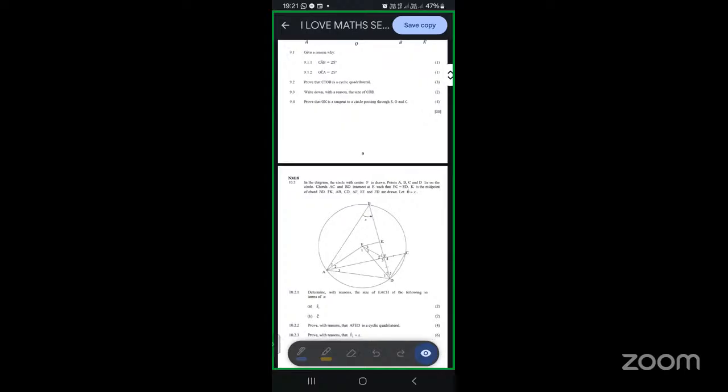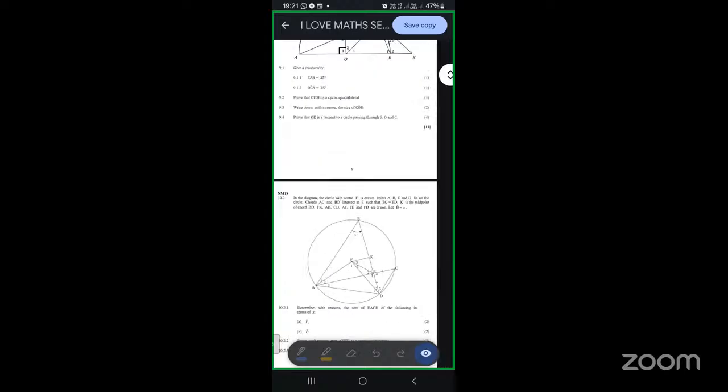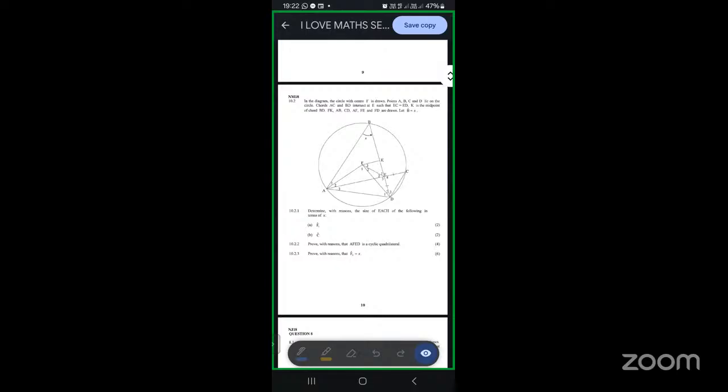What is NM? I don't know, but whatever. Question 10.2: in the diagram, the circle with center F is drawn. Points A, B, C, D lie on the circle. Chords AC and BD intersect at E such that EC is equal to ED.